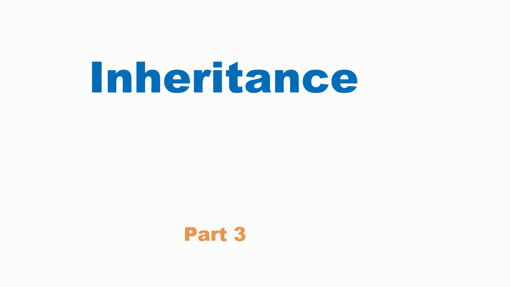Hello and welcome. In this video, we are going to add an underscore init function to our child class. When you create a child class without an underscore init method, it inherits all the methods and attributes of the parent class.